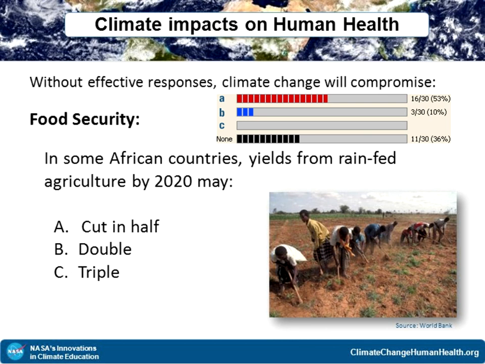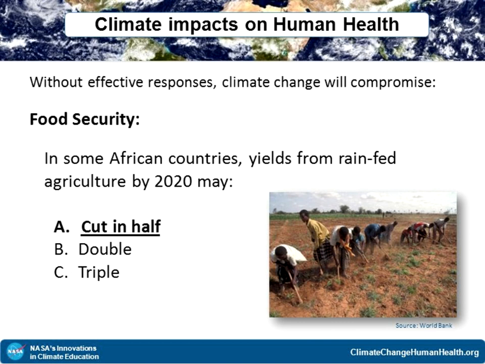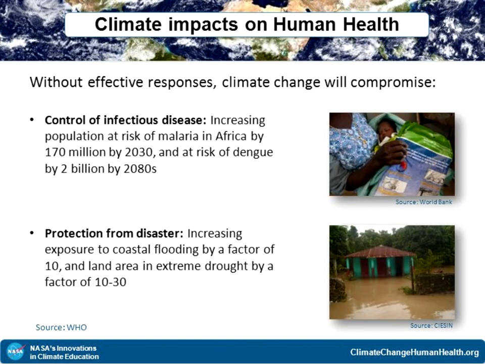This will also have other effects, not just on food production, but also on how far people have to go to get food, so looking at the larger supply system here. So by 2020 yields will be cut in half from rain-fed agriculture. That's not to say that other areas might not increase or decrease, but this is just looking at rain-fed agriculture in Africa.